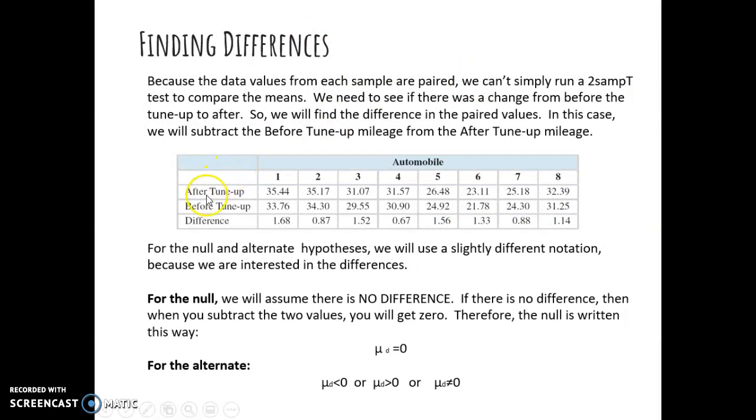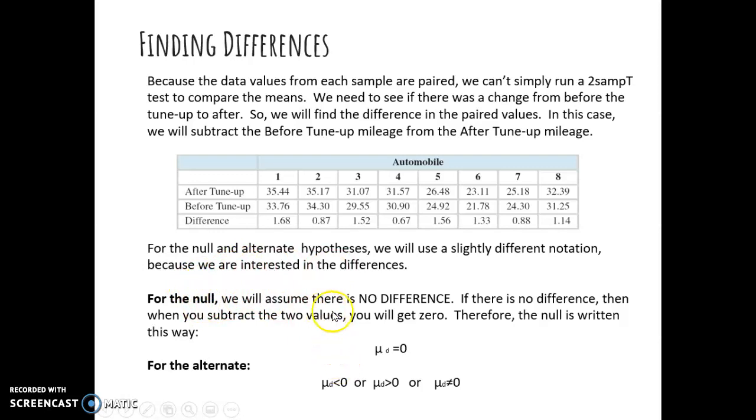So they also gave us the after tune-up data first. So what that means is the after tune-up numbers should be mostly higher than the before tune-up numbers, if that was the case. So when we write our null and our alternate hypothesis, we're going to use slightly different notation because we're interested in those specific differences.